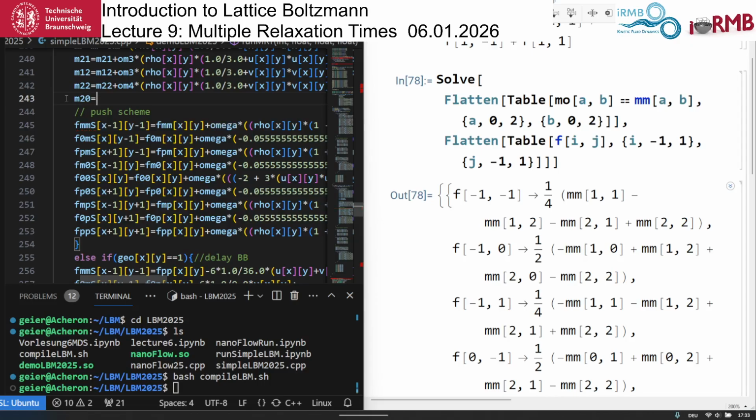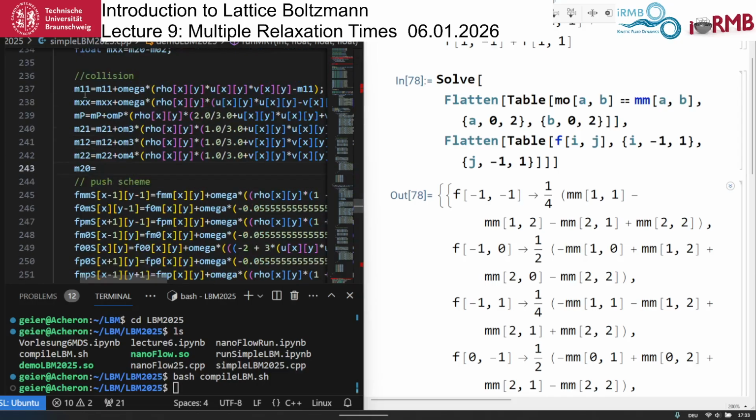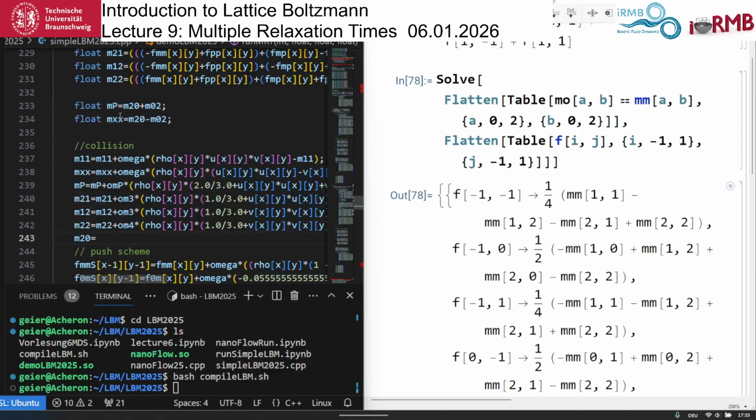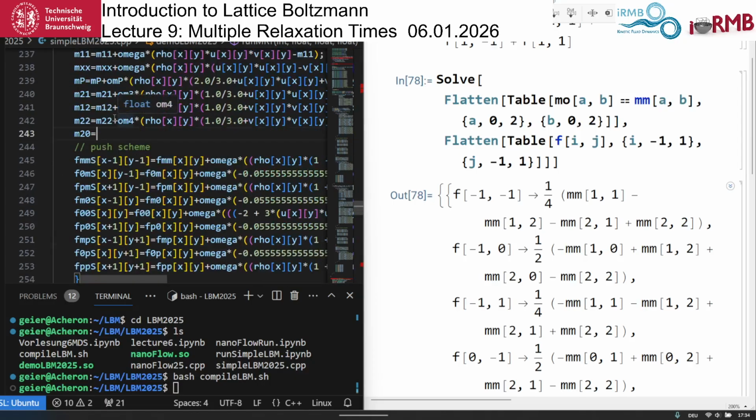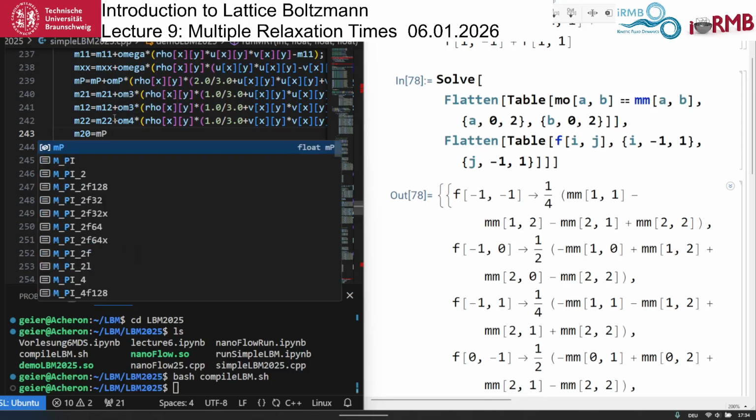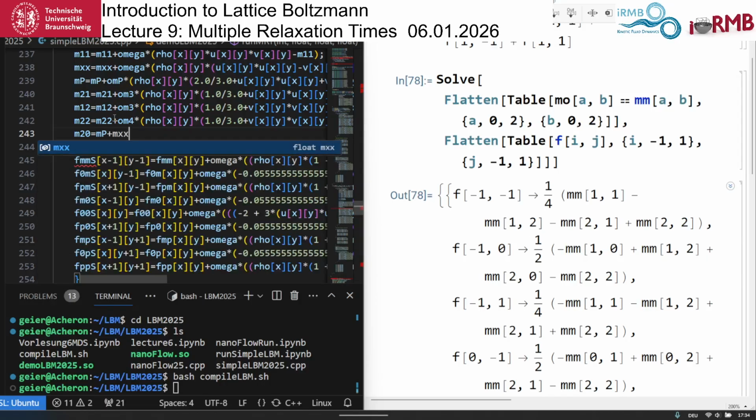And this we get from, see, we have calculated the sum and the difference of the two. So we have MP plus MXX.